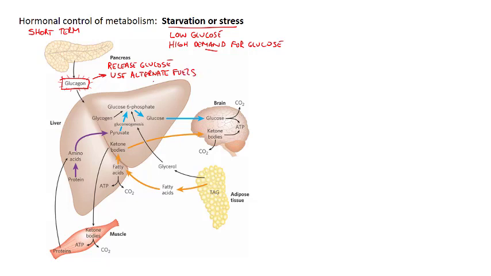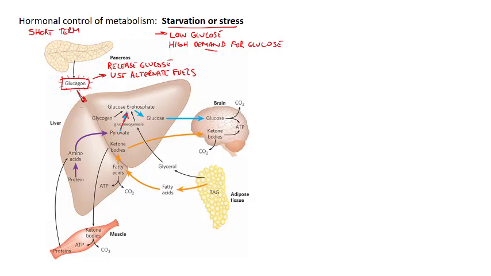Why use alternate fuels? Well, because we're in a situation of low glucose, and so if cells are going to be dependent on glucose as an energy source, they're going to be coming up short very quickly. So what does glucagon do? Well, primarily in the liver, at least, we have to release glucose. How do we do that?